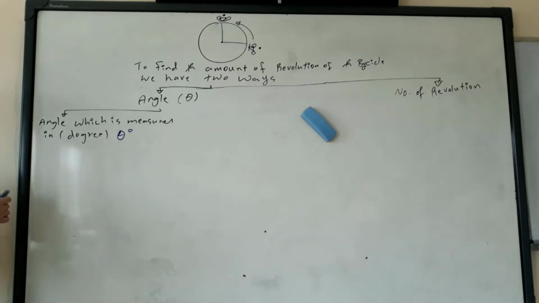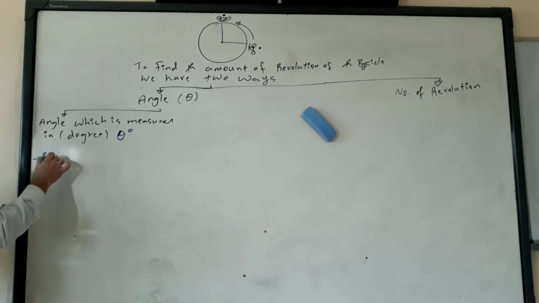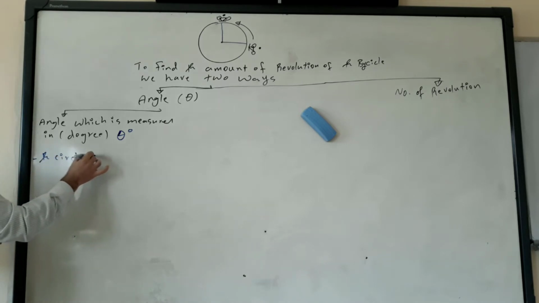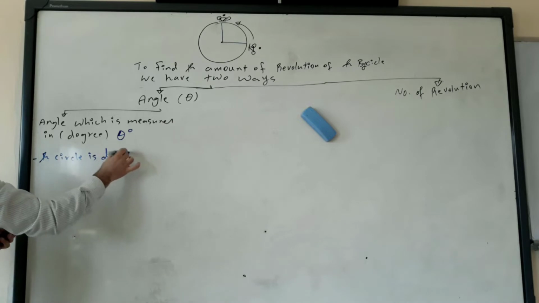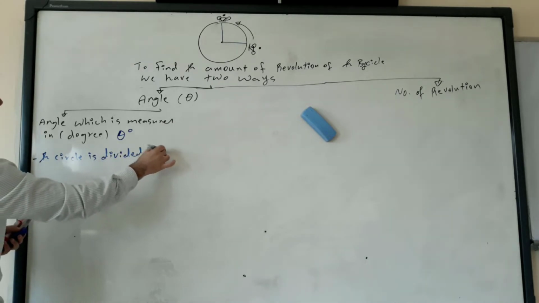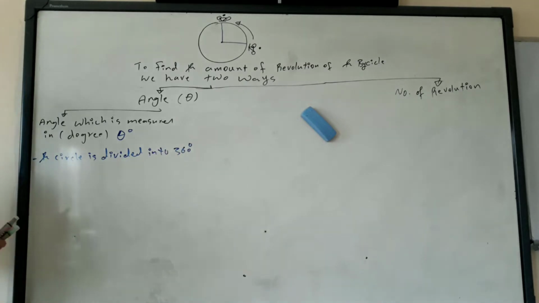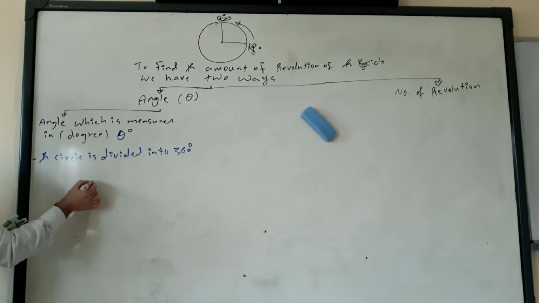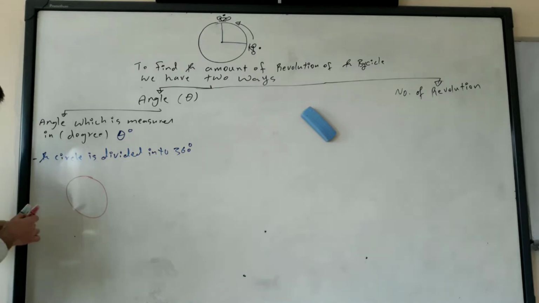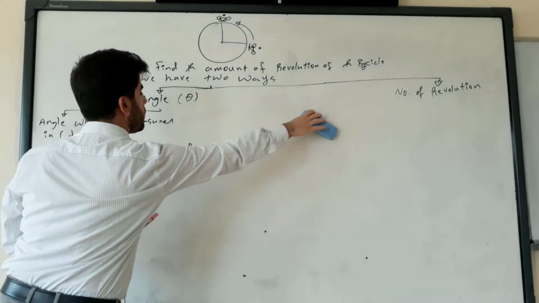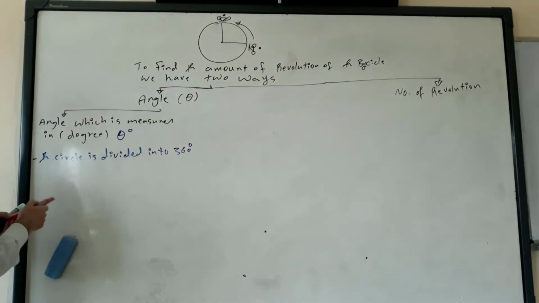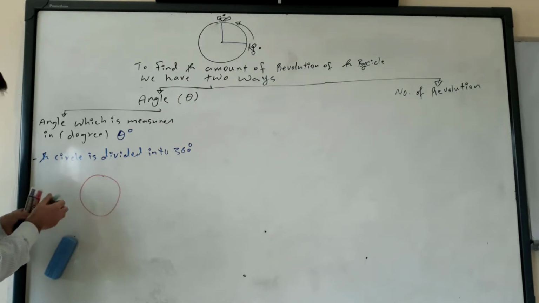In this kind of angle, guys, the circle is divided into 360 degrees, okay? This is the circle, and I am going to divide the circle into 360 degrees, okay?